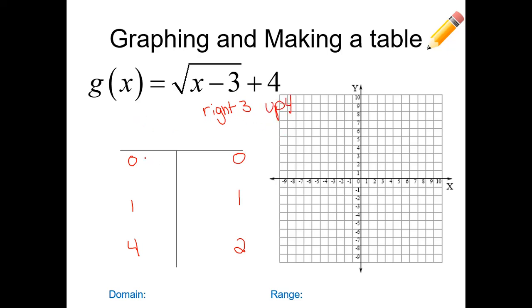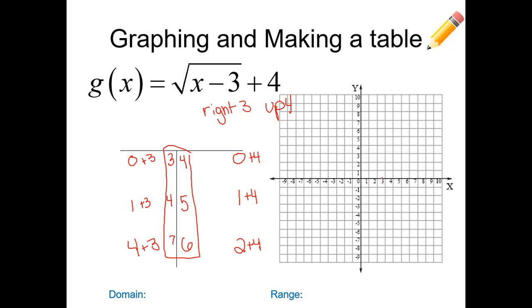So right 3 is going to make me add 3 to each of these x values, and up 4 is going to make me add 4 to each of these y values. So I'm going to get 3, 4, 7, 4, 5, 6. So this is the graph or table of my graph that I wanted.